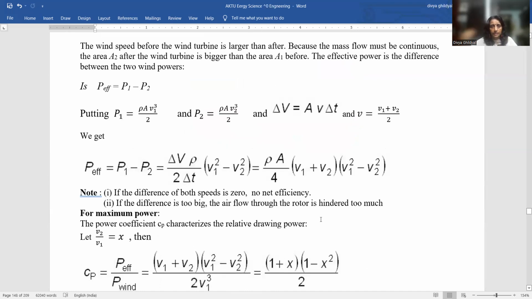So it becomes P1 minus P2 is equal to rho A upon 4 into V1 plus V2 into V1 square minus V2 square. If the difference of both the speeds is 0, there is no net efficiency. If the difference is too big, the airflow through the rotor is hindered too much.